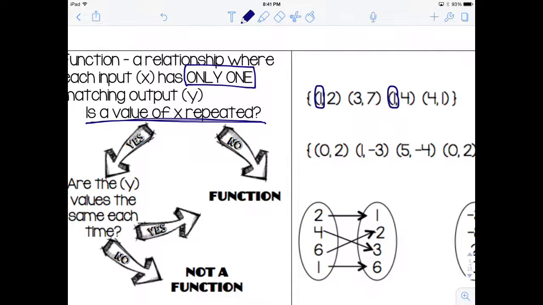Is the value of x repeated? Yes, it is. Are the y values the same? So the y value here is a 2. The y value here is a 4. Are they the same? No. So this one is not a function.